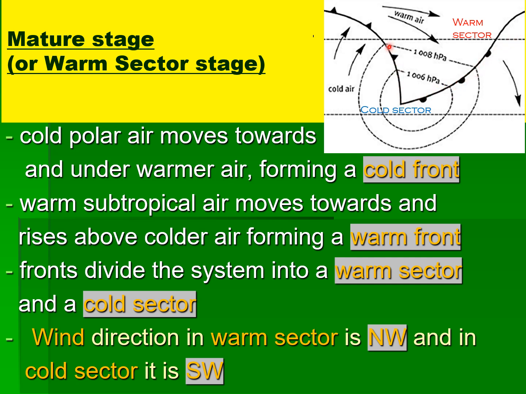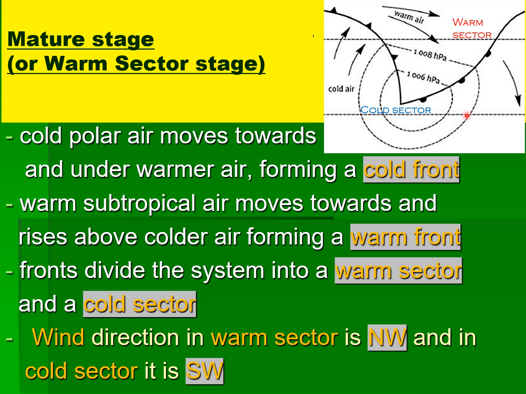These distinct fronts, in other words, the cold front and the warm front, very importantly, split this weather system into two parts. Each of the parts we call a sector. Where all the cold air from the polar region is found in this weather system, that part of the system is called the cold sector.